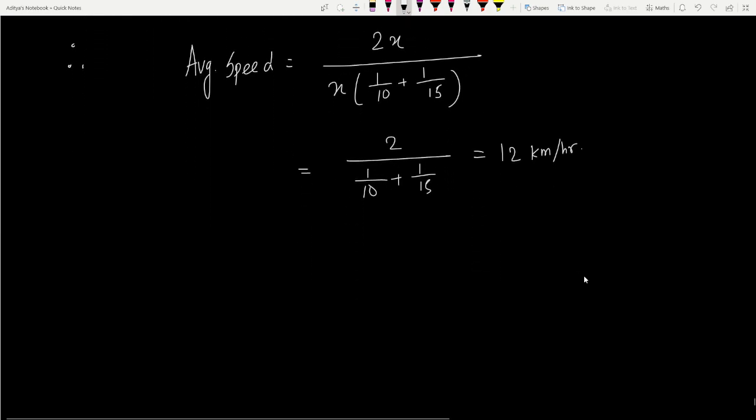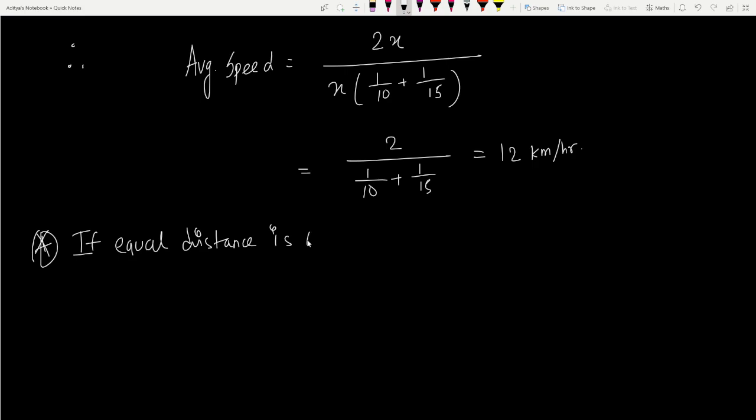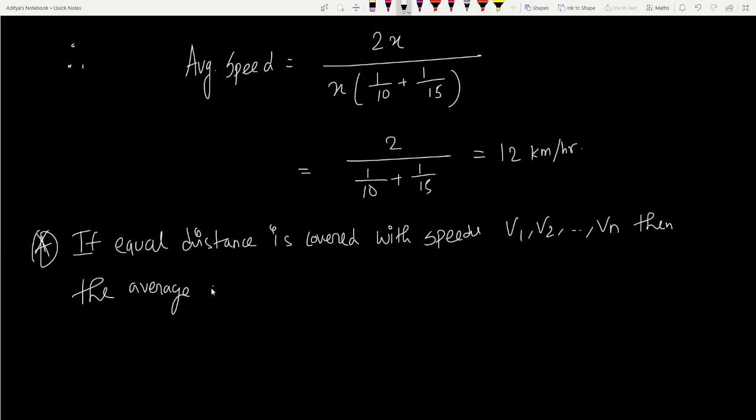So from this we can conclude a more general statement that if equal distance is covered with speeds v1, v2 all the way to vn, then the average speed is the harmonic mean of the dataset vi.